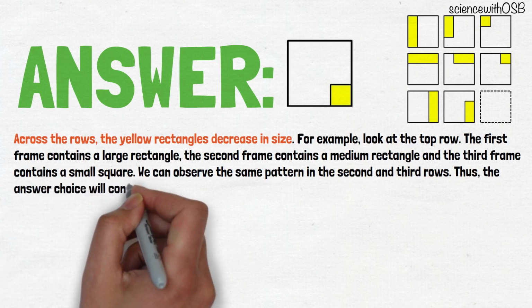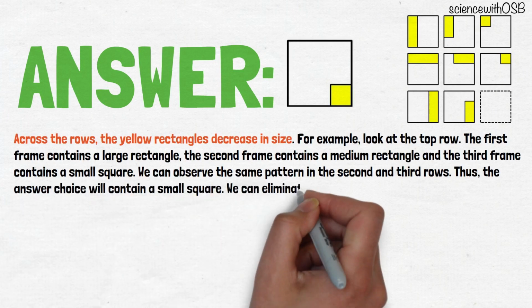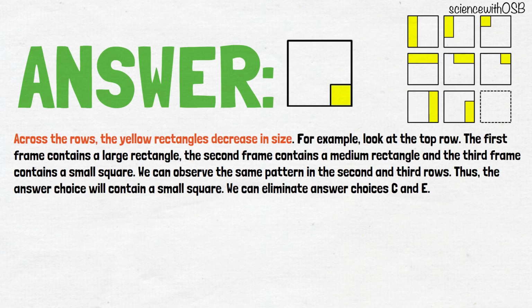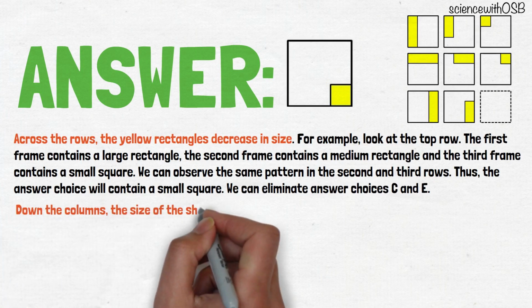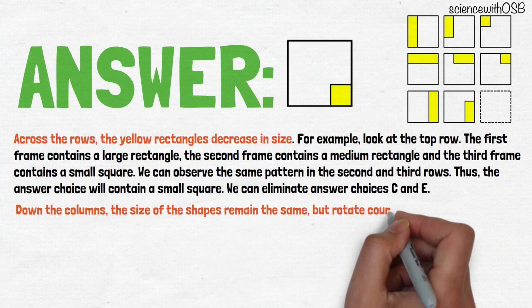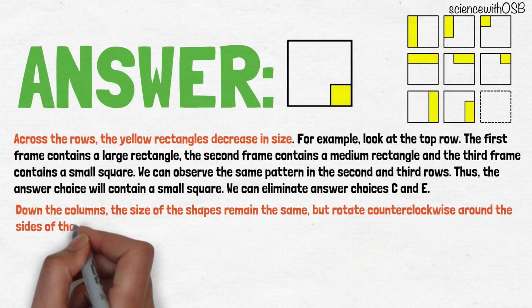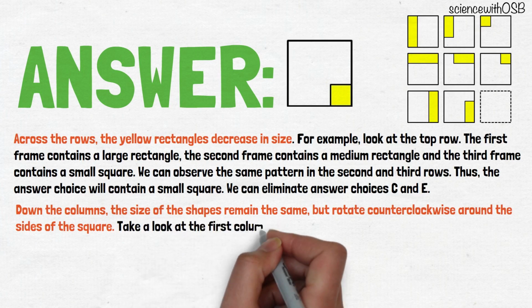Thus, the answer choice will contain a small square, while we can eliminate answer choice C and E. Down the columns, the size of the shapes remain the same, but rotate counterclockwise around the sides of the square. Take a look at the first column.